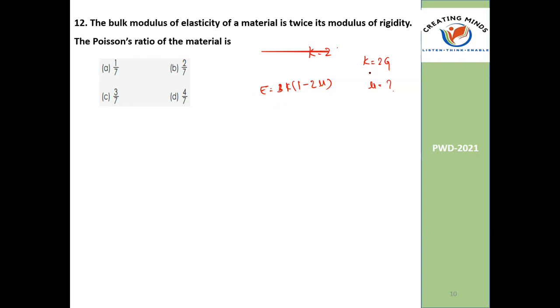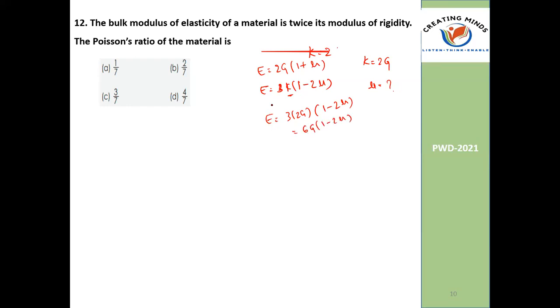Instead of K he is given K equal 2G. If you substitute K equal 2G here, you get E equals 3 into 2G into (1 minus 2 mu), so 6G into (1 minus 2 mu).